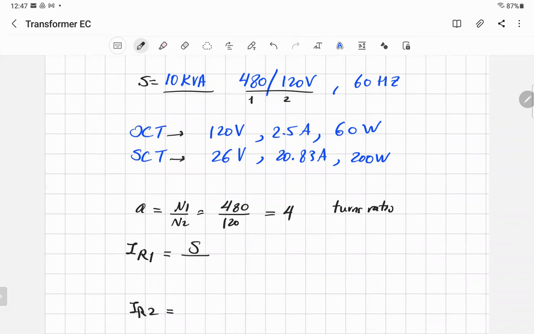It doesn't matter, because they are equal on both sides. So I write S, and then I divide it by the rated voltage VR1. The R in I rated means rated value, not resistance, and VR1 is the same thing.